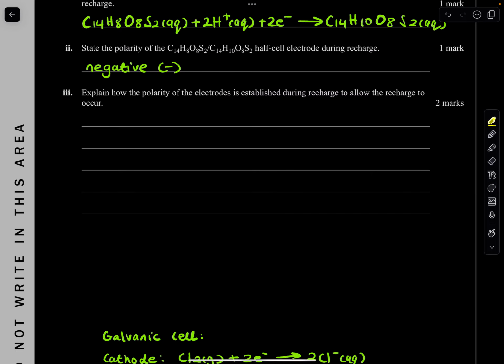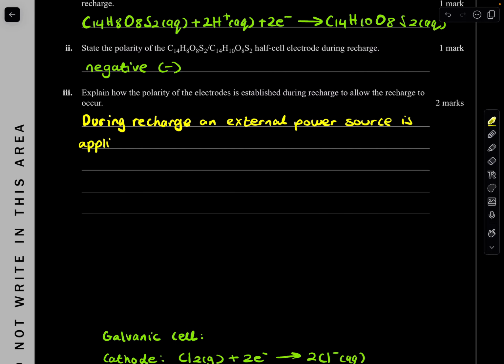Okay, so let's write. For 2 marks, I'm going to be in detail. So we're going to say: during recharge, an external power source is applied to the cell. That's the main thing.